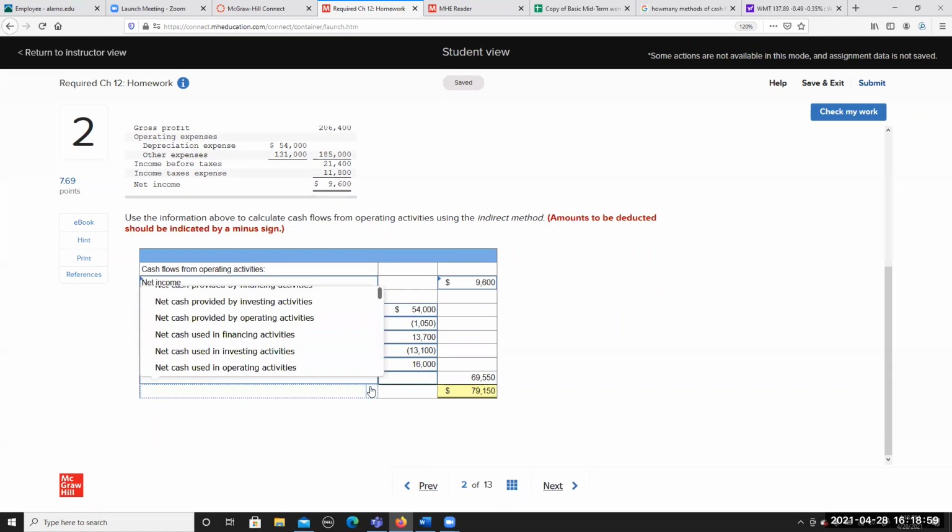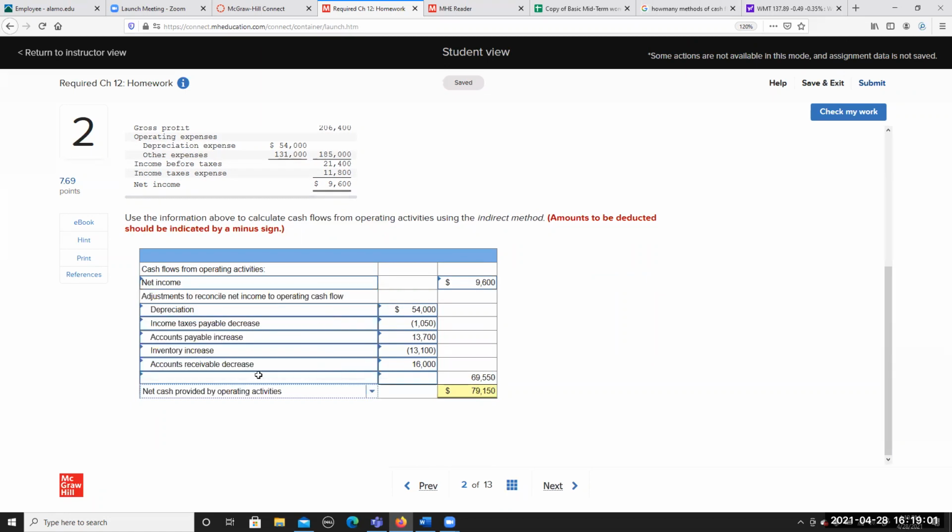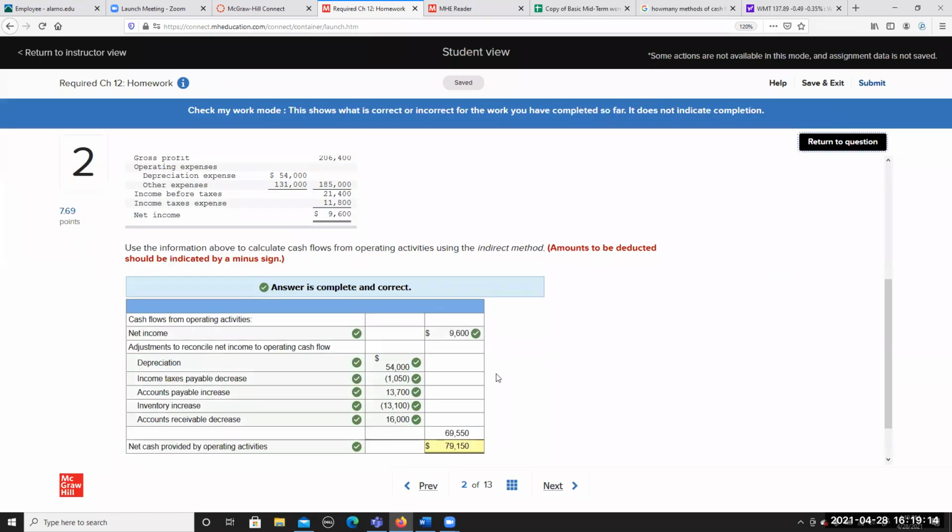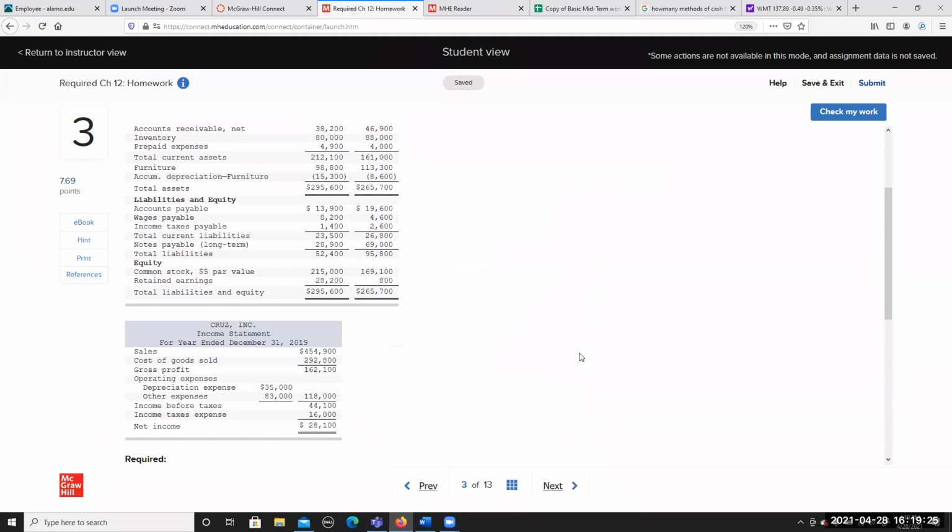So your cash from operations provided, because it's a positive, so income plus minus plus minus plus is 79,000. Our cash went up from operations by 79,000. So that's where the cash came from. Net income plus add back depreciation, right? All right.